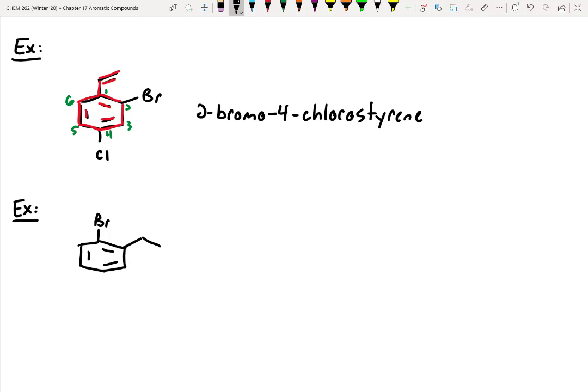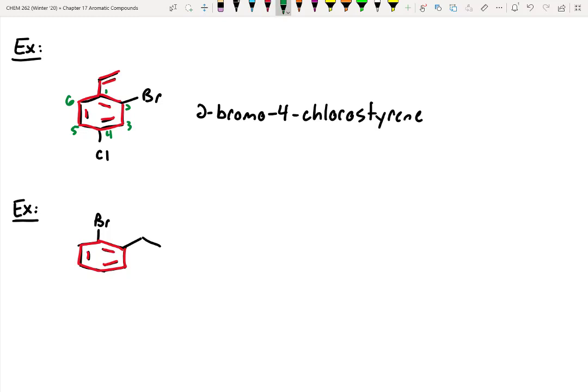We've got an ethyl group coming off. Do we see a parent in that special list? No, I don't think so. So what would our parent be if we don't identify anything in the special list? Benzene. So I just say, all right, we can't find a parent out of that list, so that means we're just going to default to benzene being our parent.